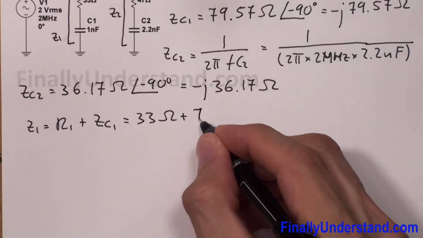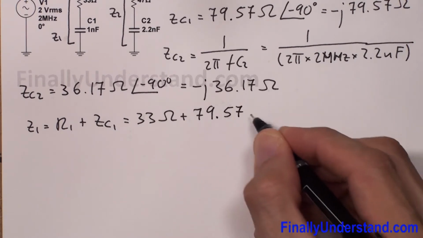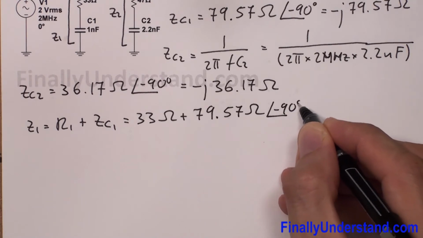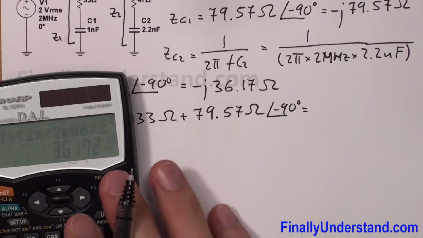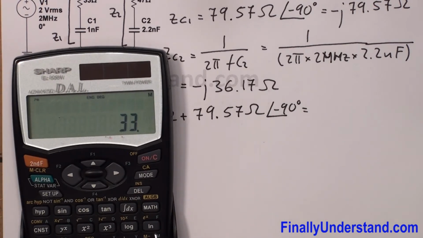Using the calculator, we have 33 plus 79.57 and angle of negative 90.